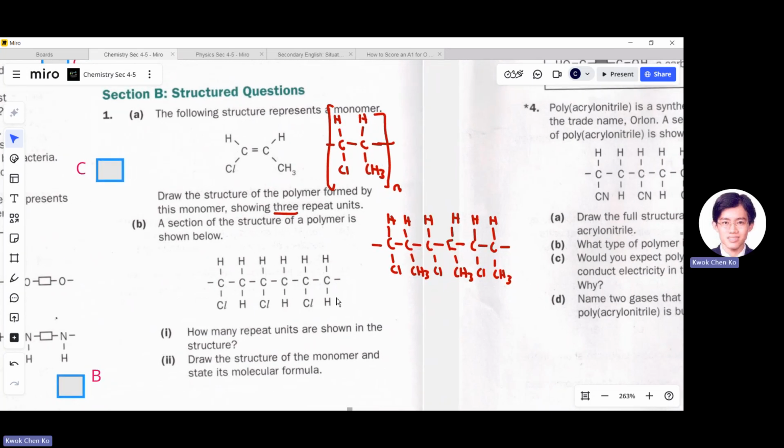Okay, come Ethan, how many repeat units are shown? Yep, 3. Draw the structure, the monomer, and state its molecular formula. So I need to see both your structure and your formula. Yeah, good. Good. You remember the double bond. C2H. Okay. It wasn't too clear, but fine.